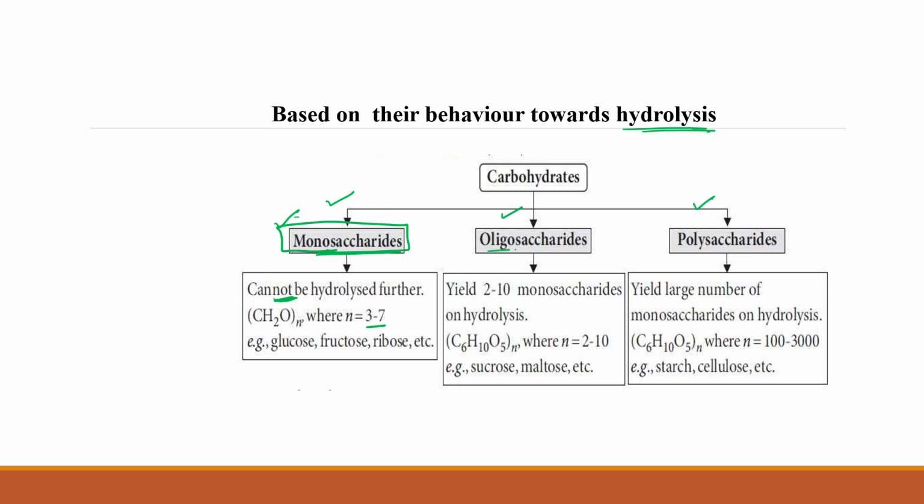Second is oligosaccharide, when we get 2 to 10 monosaccharide units on hydrolysis. What is the formula? C6H10O5 with n being 2 to 10.